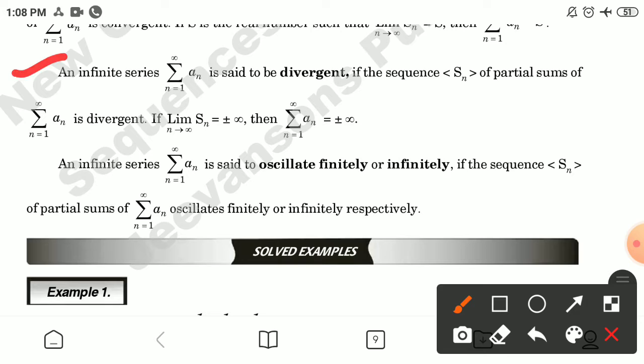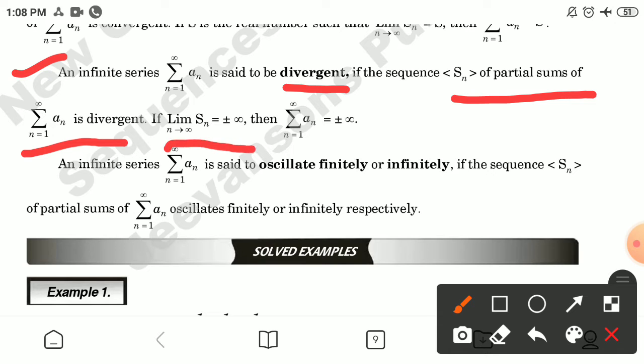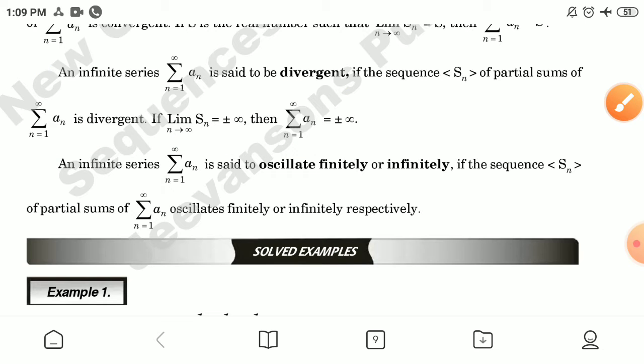An infinite series summation an is said to be divergent if the sequence Sn of partial sums of summation an is divergent. If the limiting value of Sn as n tends to infinity is equal to plus or minus infinity, then summation an, n is from 1 to infinity, is equal to plus or minus infinity.